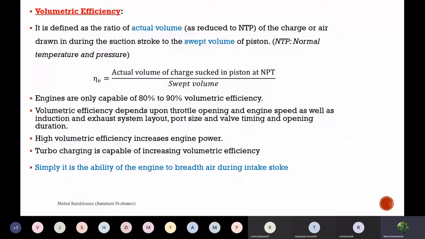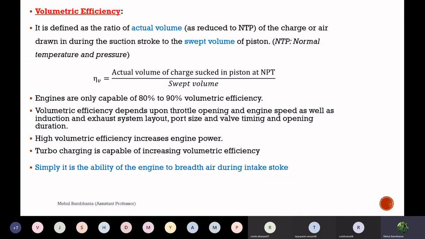In simple words, generally all engines have volumetric efficiency in the range of 80% to 90%. Where is this volumetric efficiency reflected? Let's say you all are using bikes. Generally we always look at the cc, cubic centimeter.